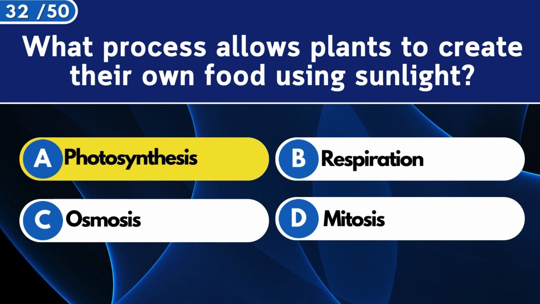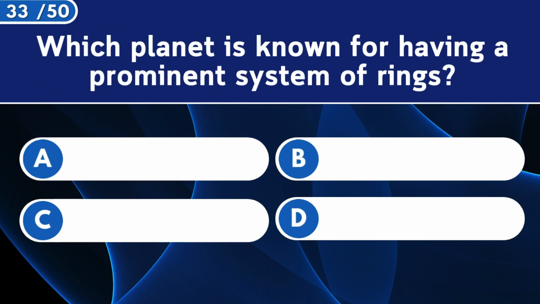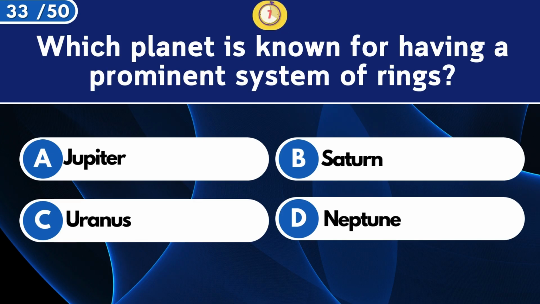Photosynthesis. Which planet is known for having a prominent system of rings? Saturn.